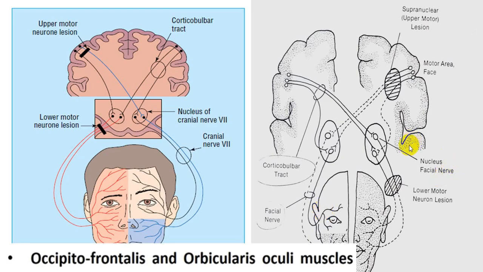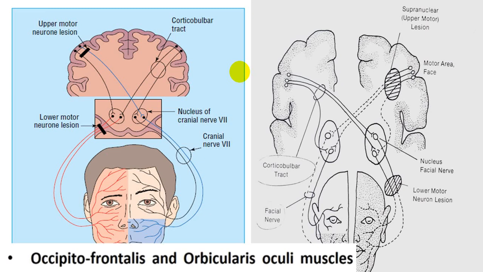So the facial nerve starts from the facial nucleus, which is present in the pons, lower part of the pons. But that facial nucleus is innervated or controlled by a higher center, that is from the cerebral cortex, we call the pyramidal tract.